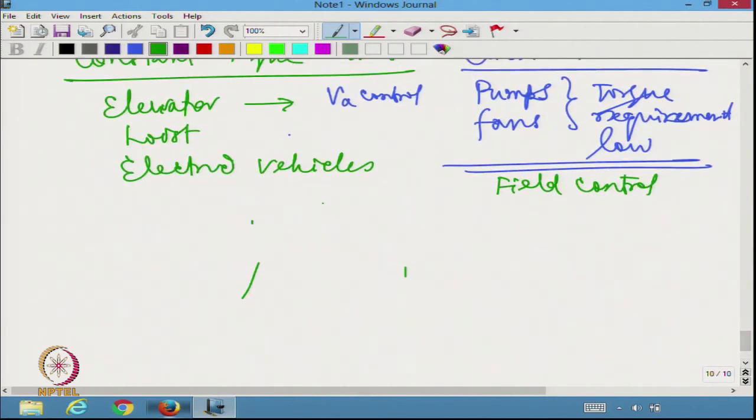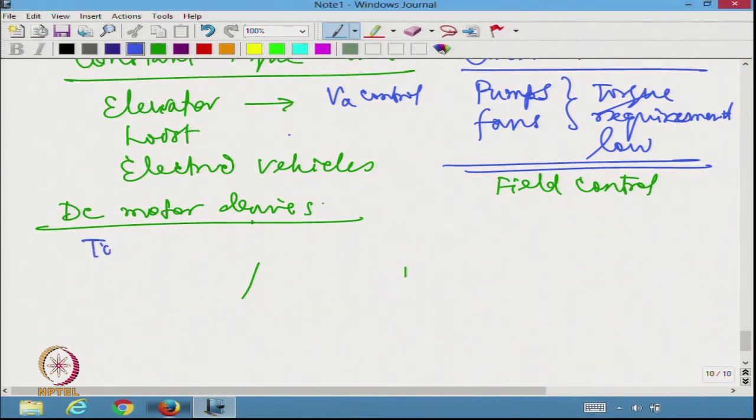We have a few more topics to be discussed in the DC motor drive. So, we have not looked at what are all the topics pending. We have still not looked at series motor. I will start on that today. The second one that we need to look at is compound motor, how the characteristics are.